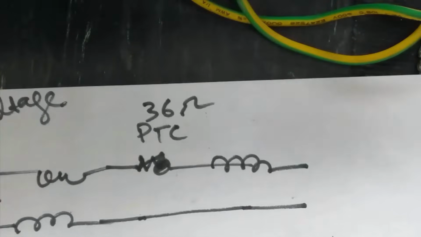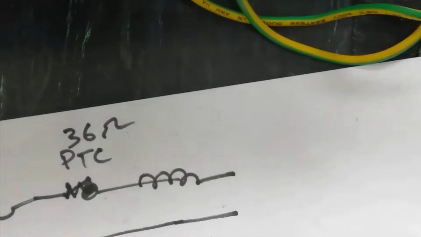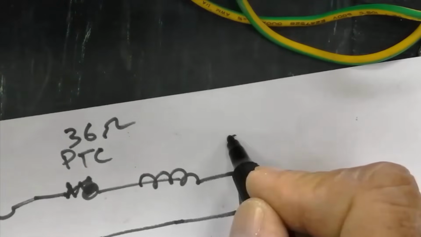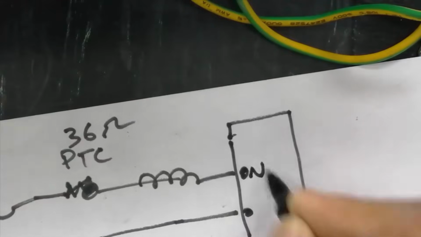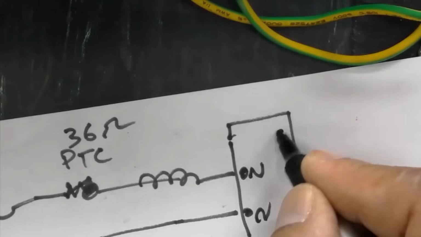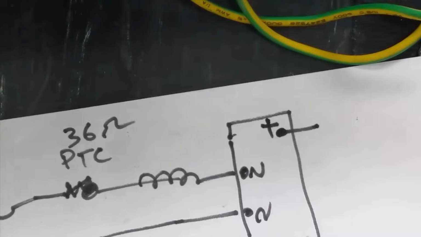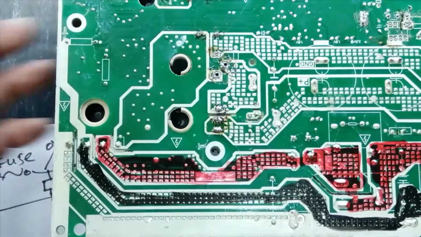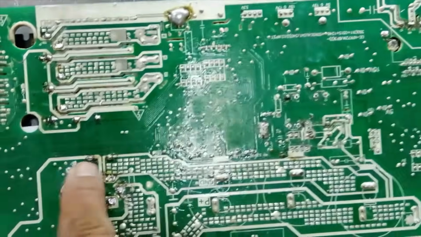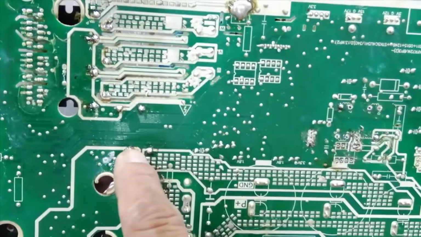Now a very interesting story is going to start here. AC, AC. Here it is giving positive, here it is giving negative. This end is positive, this end is negative. The negative line is connected through a jumper resistor, a power resistor.